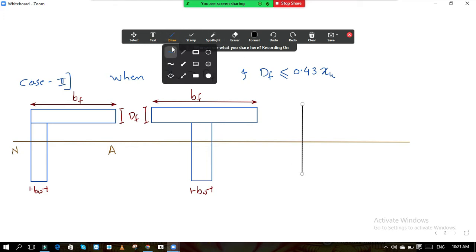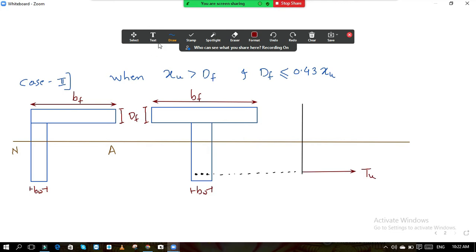Okay. So here I will show the reinforcement in the T beam. At this level, your tensile forces will be there. Now if I complete the diagram, now what is 0.43 Xu distance, that I will tell you. Where that parabola starts, this is the distance. Up to this point, and here I will join this.